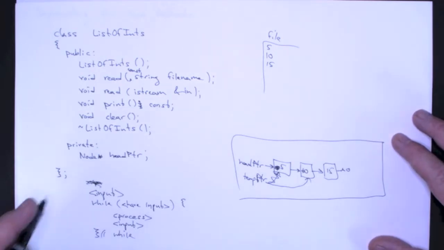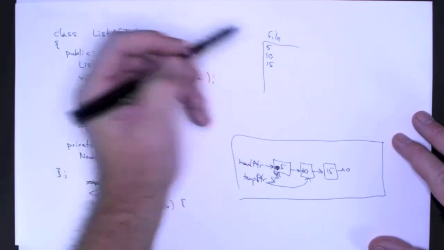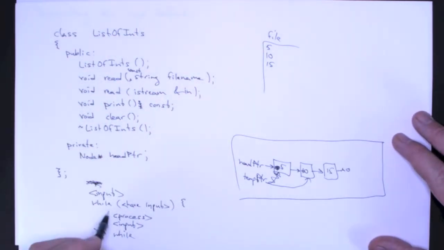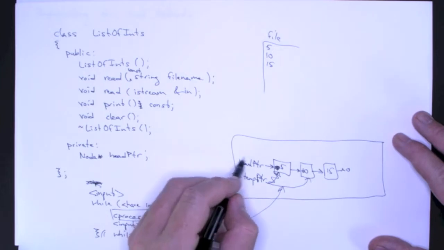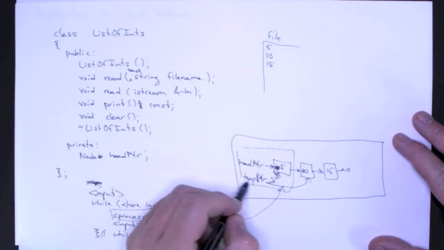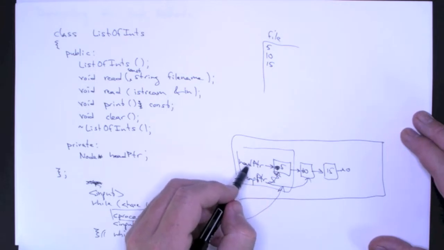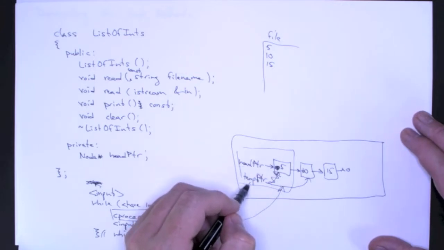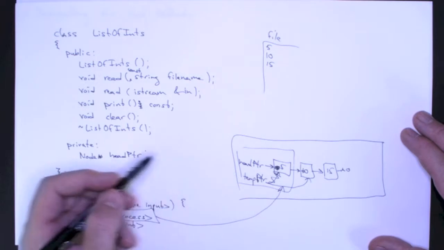So what we're going to do here is read an integer, and our processing is going to involve this check. The first check we're going to do is if head pointer points to null. If it is, then we're going to make head pointer and temp pointer point to this new node.